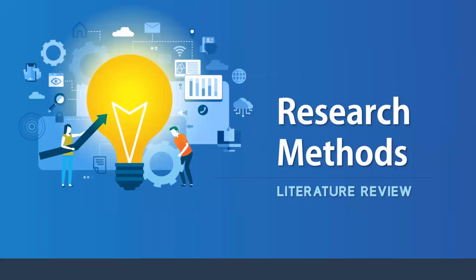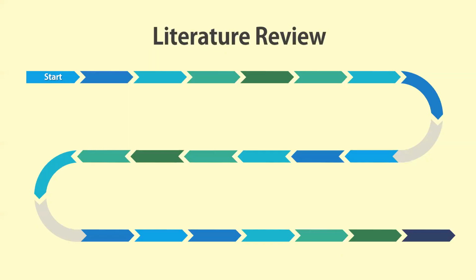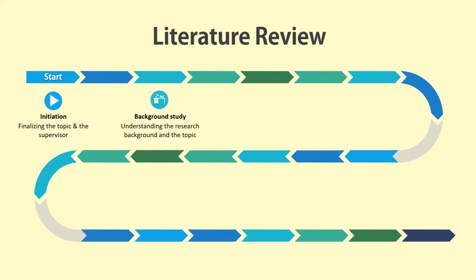This is the fourth video on research methods, and let's do a quick recap on what we have discussed so far. The very first thing you need to do is find a research supervisor and a research topic. After that, you need to understand the topic well, so you need to do some background study.